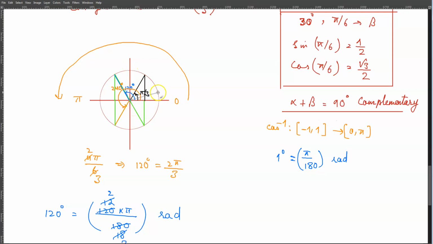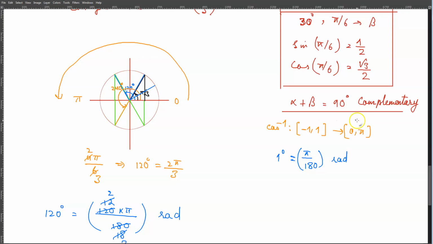You see I have a 30-degree angle here, I have another 30-degree angle here, and I have another 30-degree angle here. There are 3 30-degree angles in each quadrant, which makes each quadrant 90 degrees. So I have 1, 2, 3, and 4 30-degree angles.